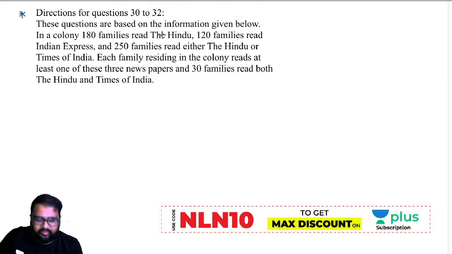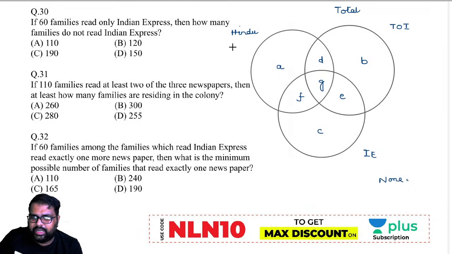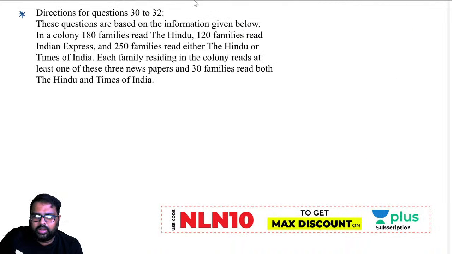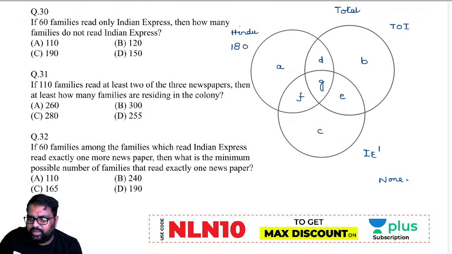In a colony 180 families read the Hindu, which means the total circle value of Hindu is given as 180. So Hindu value is 180. I'll write down 180 here. Now again, 120 families read Indian Express. Okay, done.